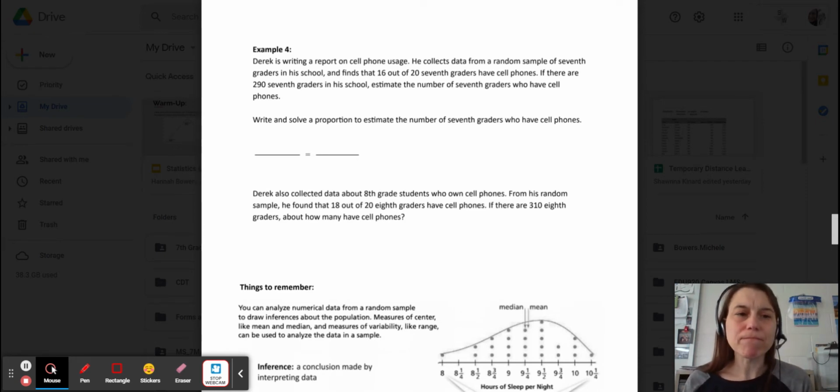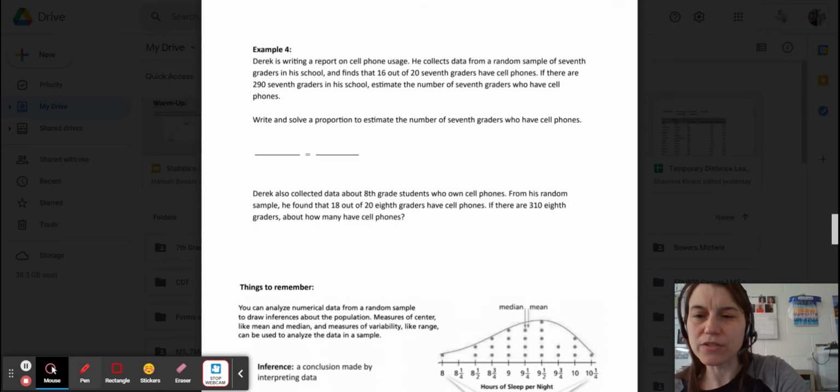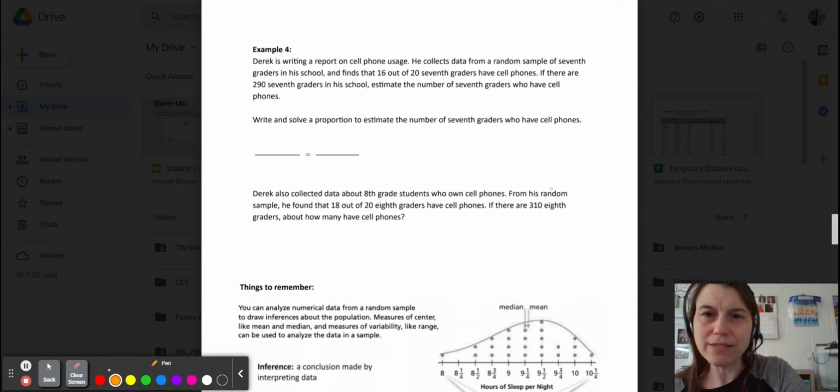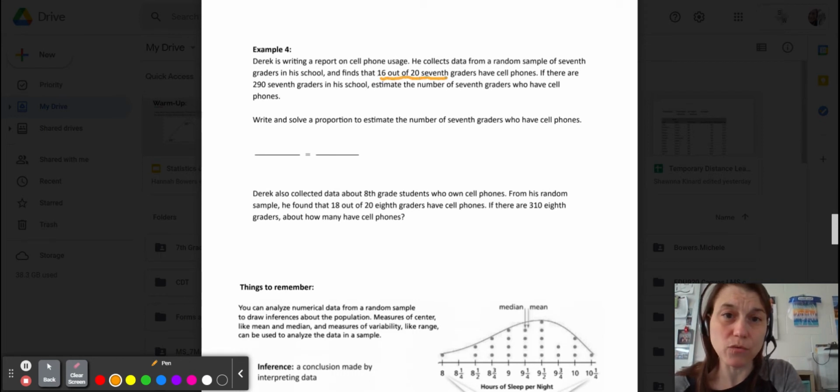So what he finds is, first of all, it says he collects data from a random sample. Again, they're not telling us how they did the sampling method, but that it's random, so we're assuming it's representative of the seventh grade. I can tell from what this says the number of people he surveyed. It says he finds that 16 out of 20 seventh graders have cell phones.